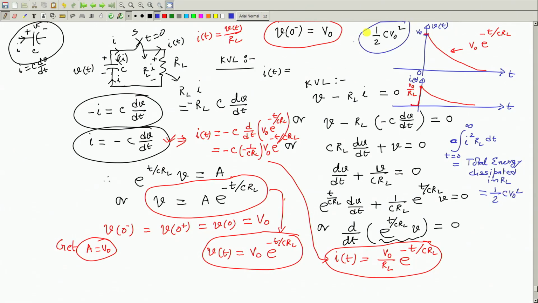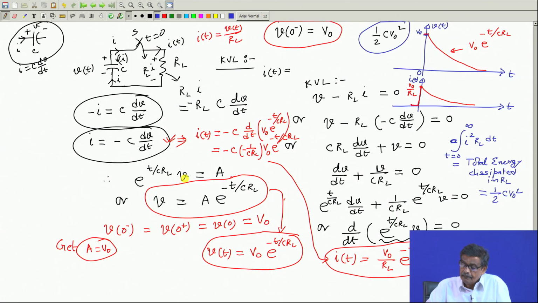You started with this energy, only this much energy can be dissipated. Clear? Therefore, total energy dissipated in R L is this one, no matter what is the value of R L, this much amount will be dissipated in R L.